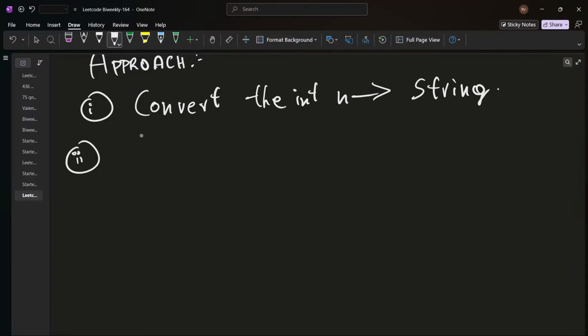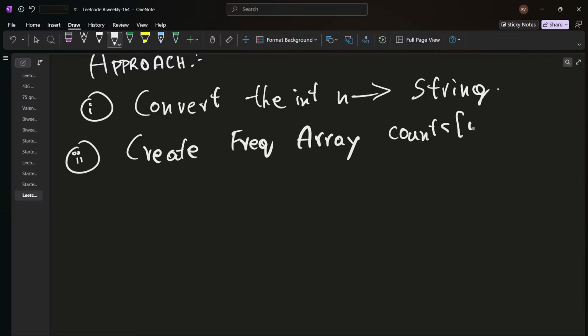Now what we'll do, we'll create a frequency array that counts, of size 10, initialized with 0. This 10 is because we have digits from 0 to 9, initialized with 0.